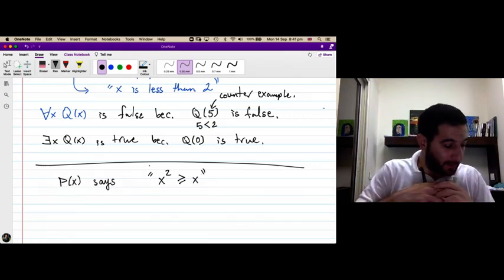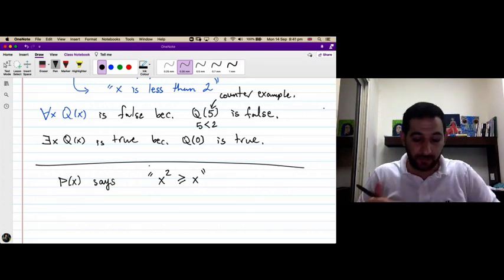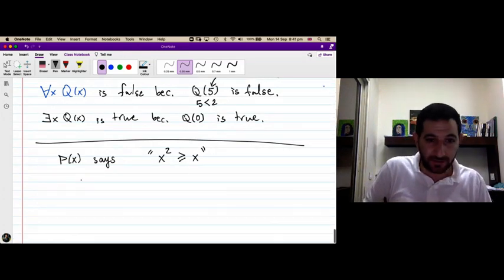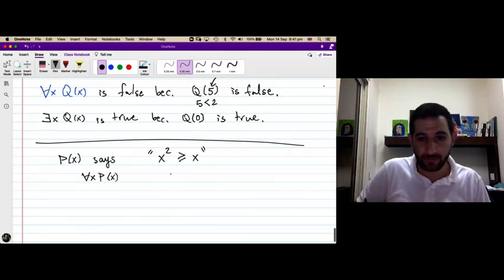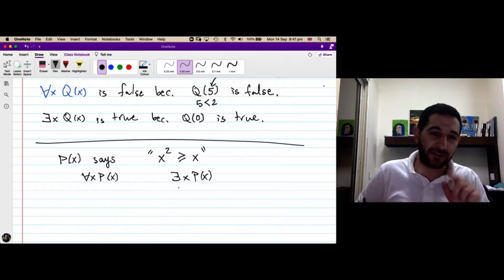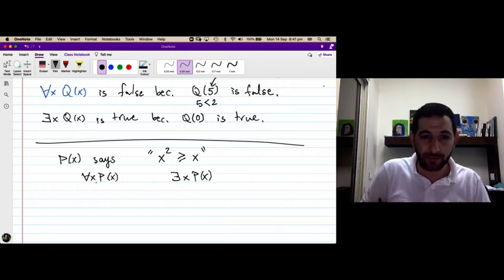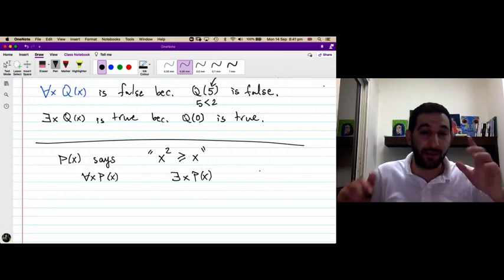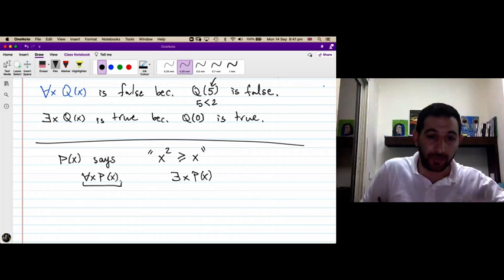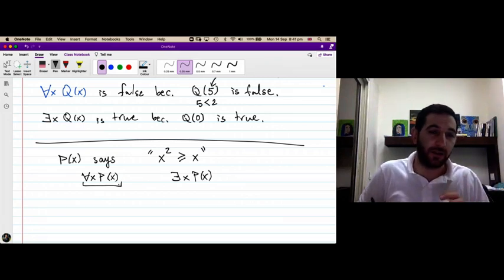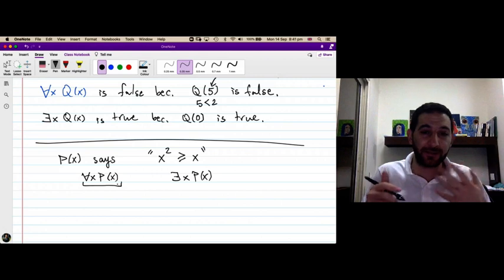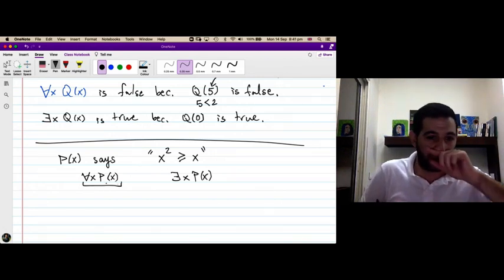Notice that we want to discuss the statements for all x, P of x, and there exists an x, P of x. I want to emphasize in this example that the truth value of these statements depends on the domain. Maybe this statement is true in one domain but false in another domain. So the truth depends on in which domain we are evaluating the statement.